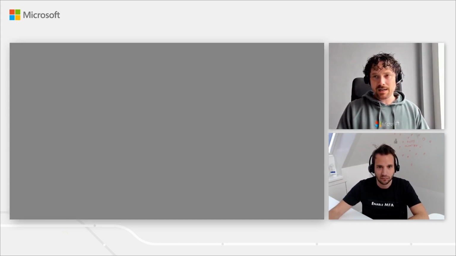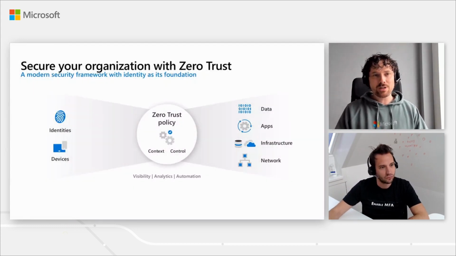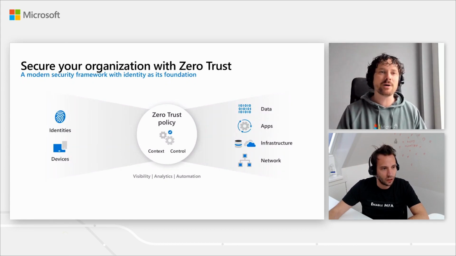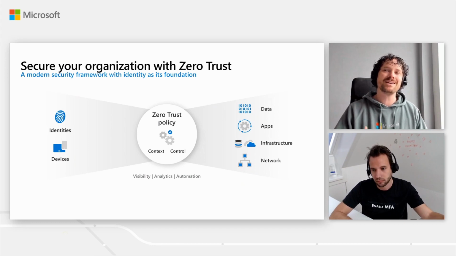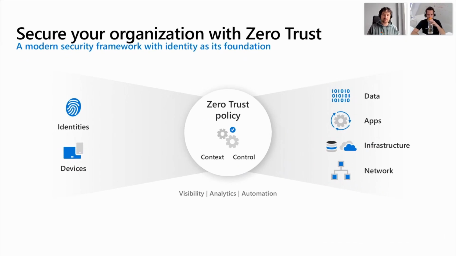For an introduction: if you have already watched a couple of the sessions during Ignite, you will have heard that we talk a lot about zero trust. We're not going to talk about it in detail, but zero trust essentially means trust no one. Every time somebody comes in, you're going to check them. Never trust, always verify.